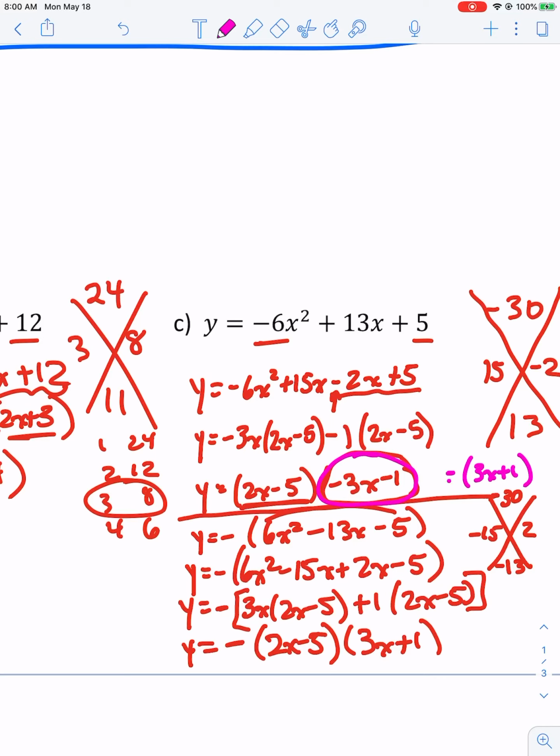And that negative sign went out in front of the whole thing.